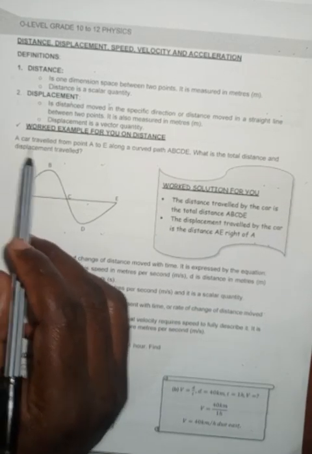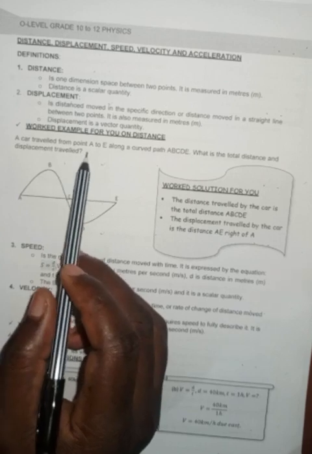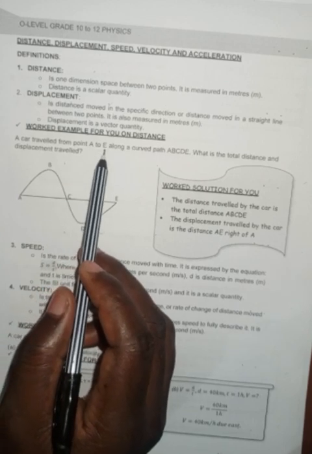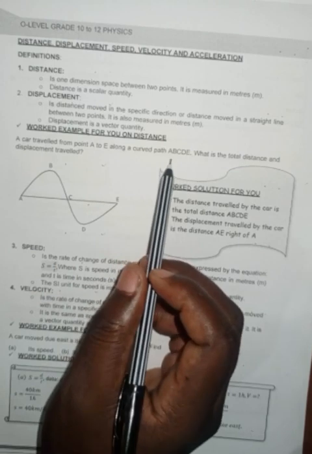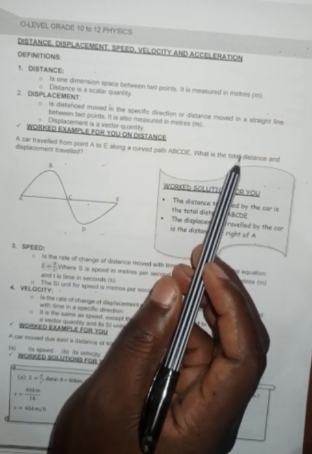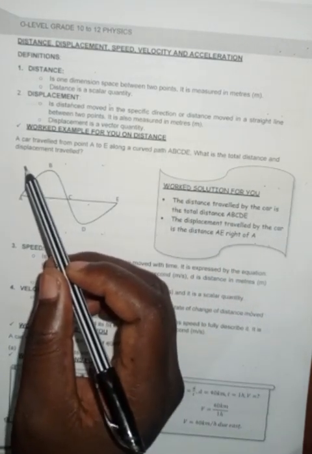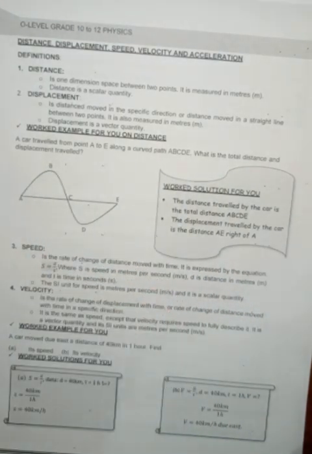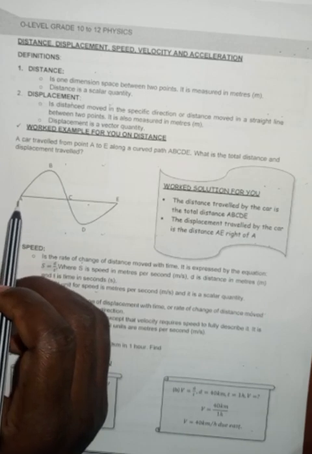Let's take an example. Let's say a car traveled from point A to point E along a curved path A, B, C, D, E. What is the total distance and displacement traveled? This is the curve that we've been given.